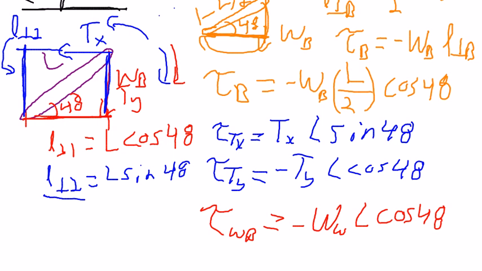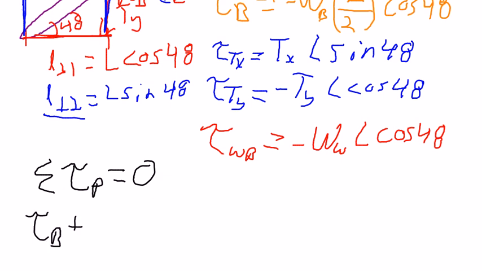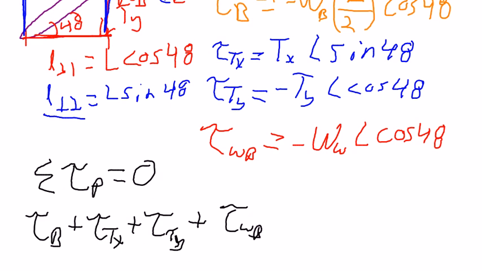So now you can do the sum of the torques by adding up all three of the torques that we've listed so far. I'm not going to go through all of this because I want to make sure you can figure out the rest. When we do the sum of the torques about point B and set it equal to 0, you're going to end up with the torque from the boom, which is negative, plus the torque of Tx, plus the torque of Ty, once again a negative torque, plus the torque due to the wrecking ball, and all that will be equal to 0.